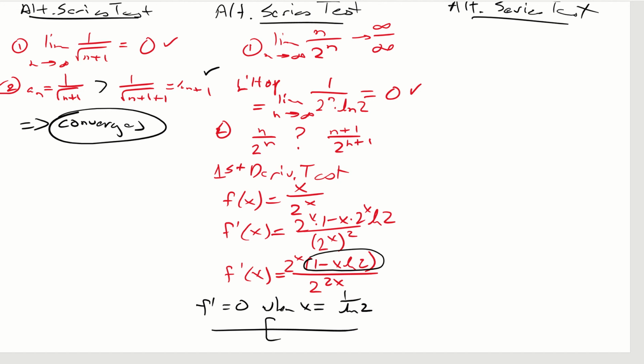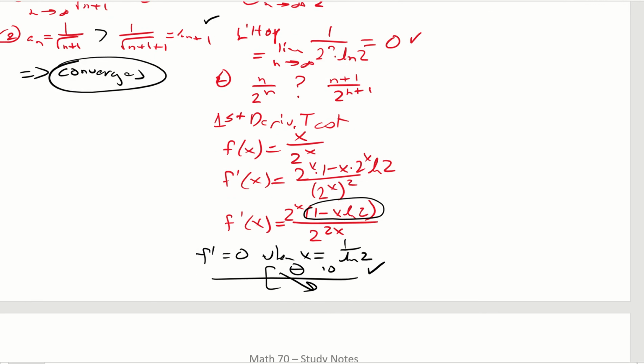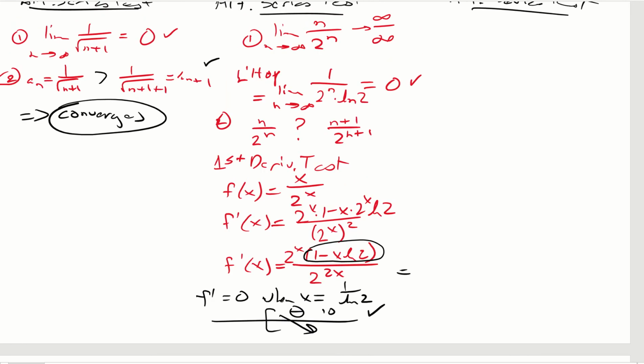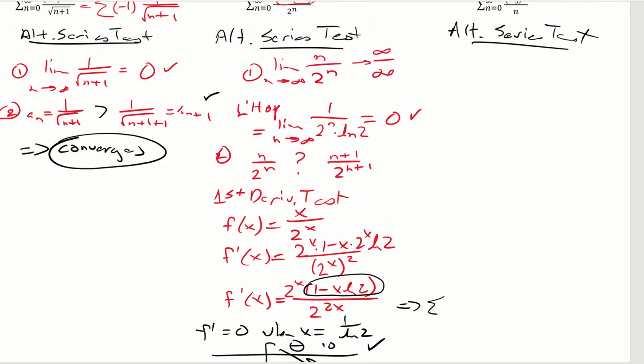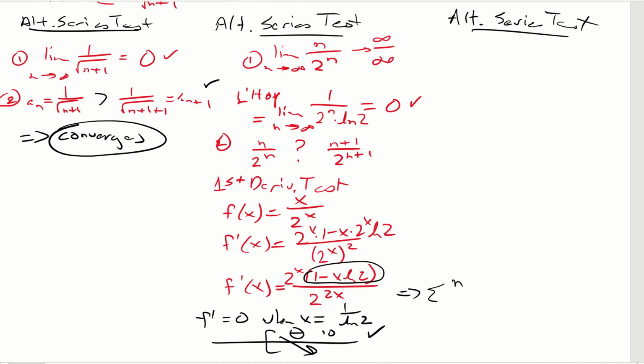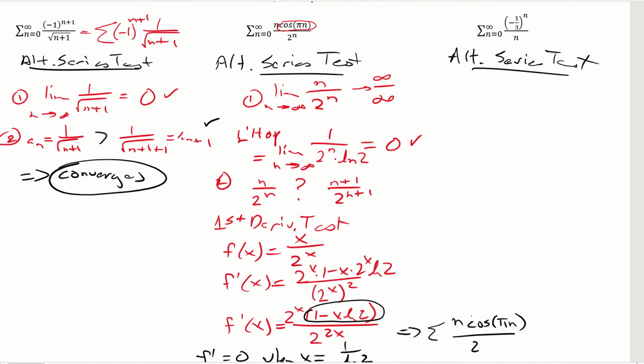So if you plug in some number bigger than that, like 10 or something, you've got, I might forget about it. Yeah, it's definitely negative. It's decreasing. That took a while, but we do have, therefore, this implies the series, what did we say? That whole thing, n cosine of pi n all over 2 to the n, converges.